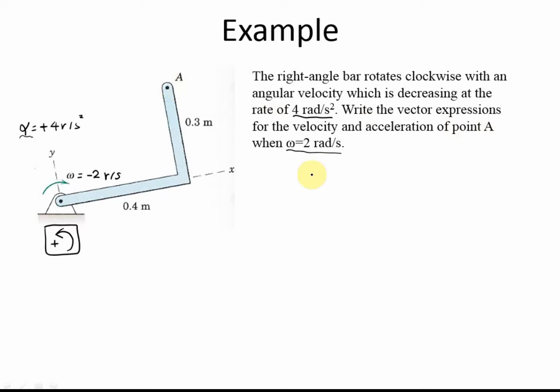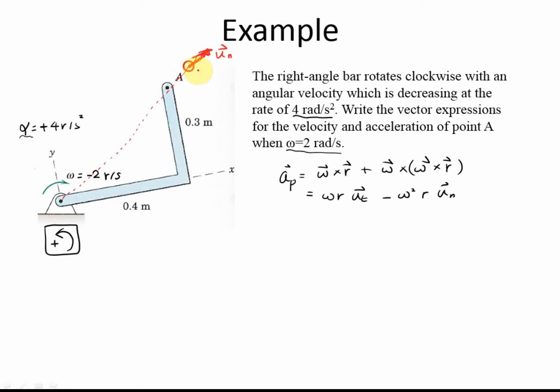Okay, so acceleration at point A, if I just write down the pure vector form, this is alpha cross r and omega cross omega cross r. So what is my r? r is from here to here.